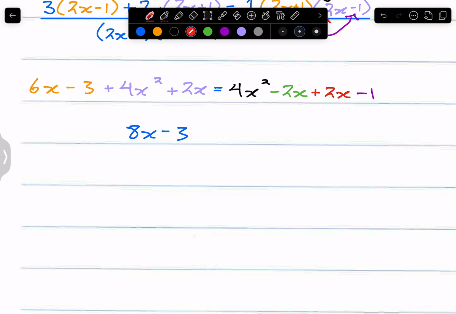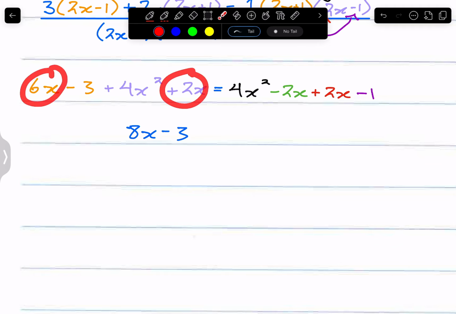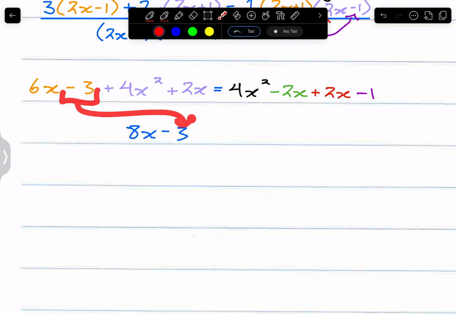The reason for that is from this step, if we have plus 4x squared here and another positive 4x squared, these two will cancel on each side of the equation. So that's exactly what I'm doing. These two now cancel, and everything on the left-hand side has now been collected. So again, these two become 8x. The negative 3 is here, and the positive 4x squared cancels with the other 4x squared on the other side of the equation.